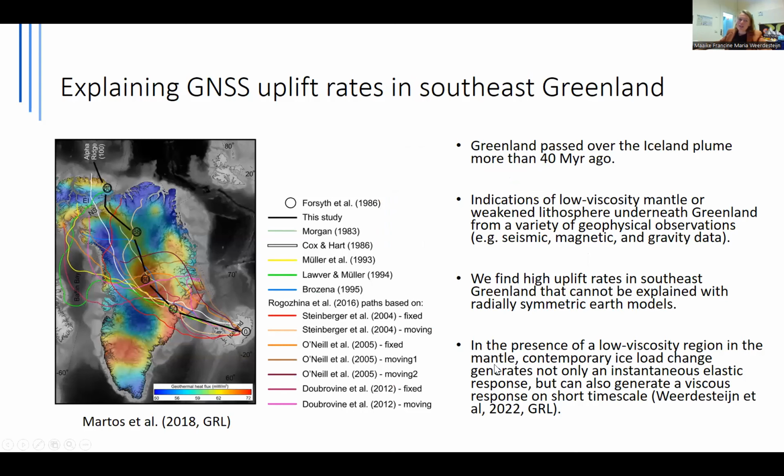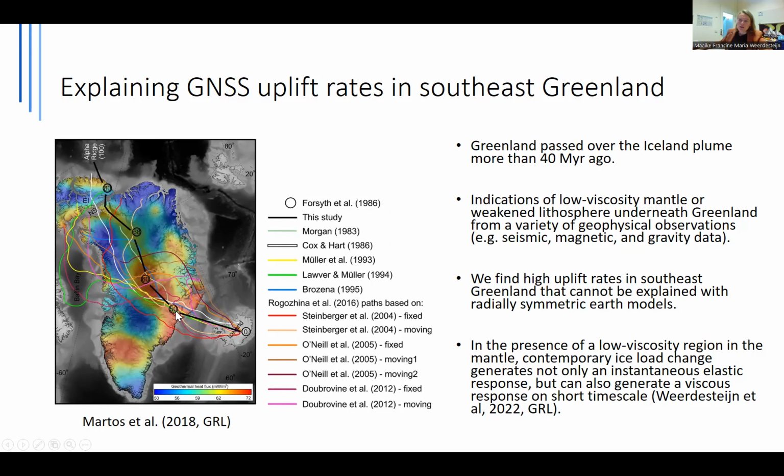So we're going to look at GNSS uplift rates in Southeast Greenland. Greenland passed over the mantle plume that's now located where Iceland is located, more than 40 million years ago. And from a variety of geophysical observations, there are indications of a low viscosity mantle or a weakened lithosphere underneath Greenland.